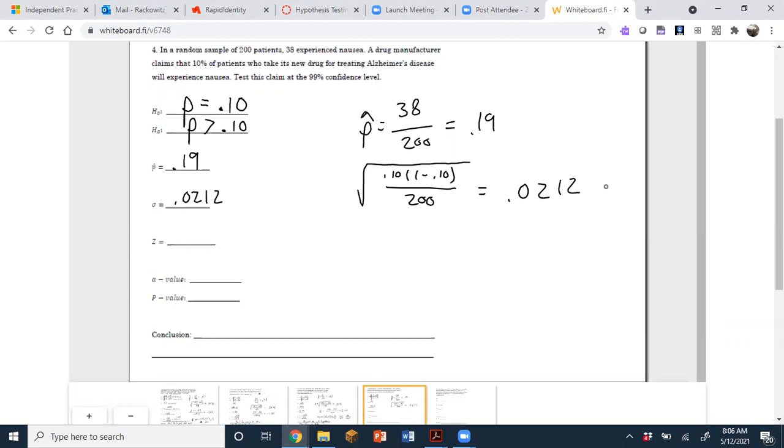And your z-score is p hat minus p over the standard deviation.